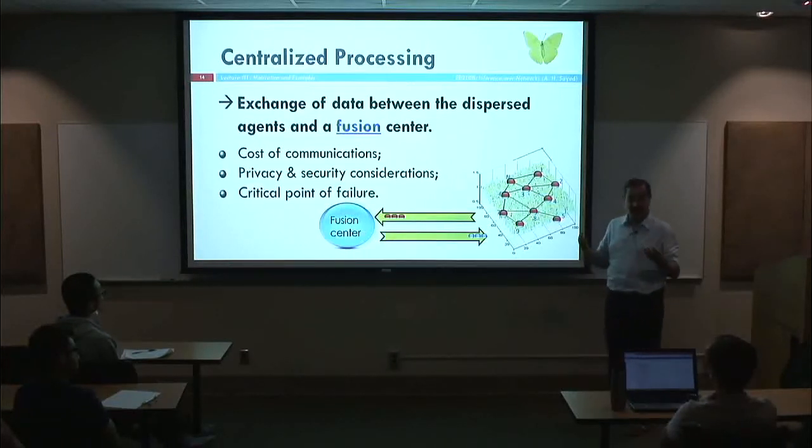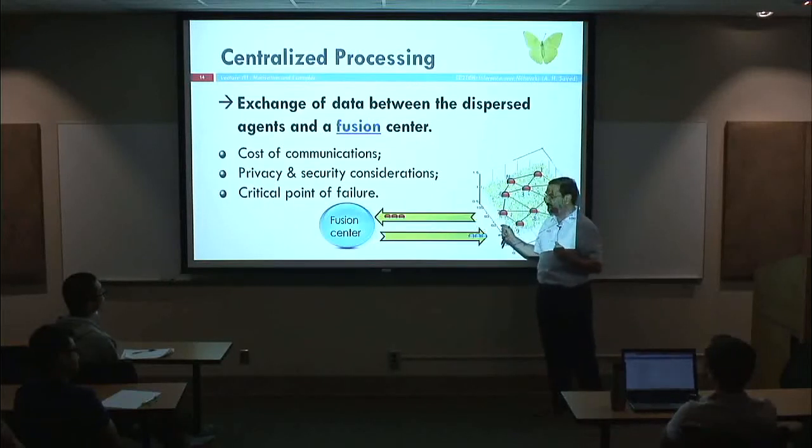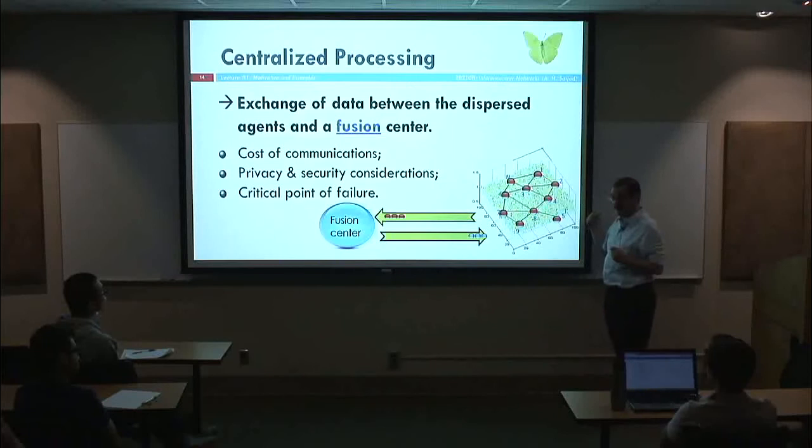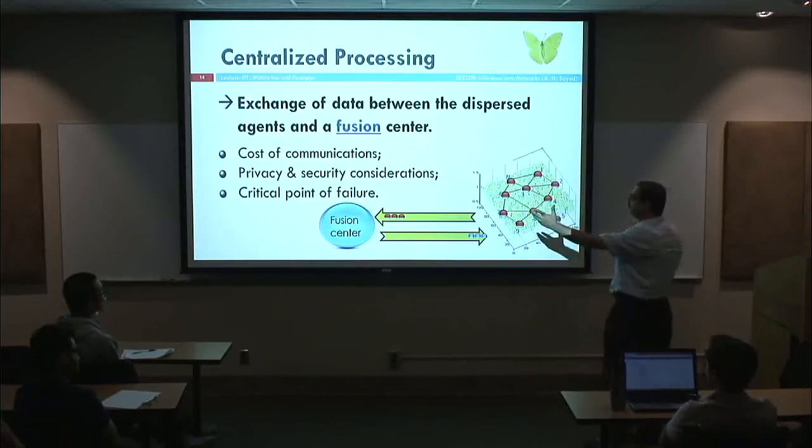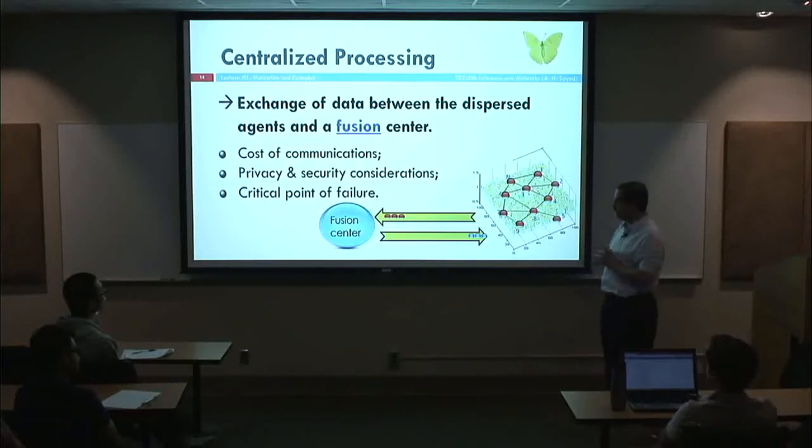You may have applications where agents may not be comfortable sending private information, right? Or for other reasons, security reasons, sending information that's collected at a remote fusion center and then you receive it back, right? So there are reasons for you to try to limit the range over which information is being transmitted.